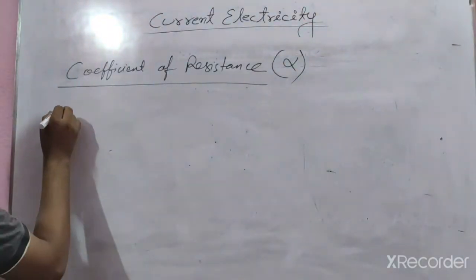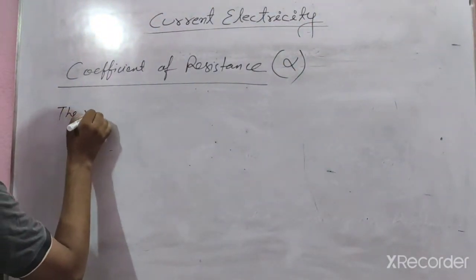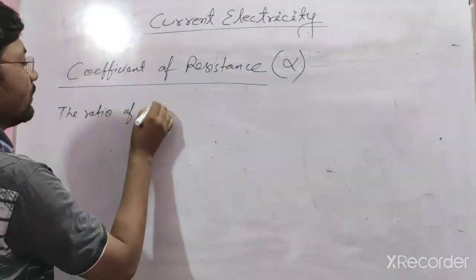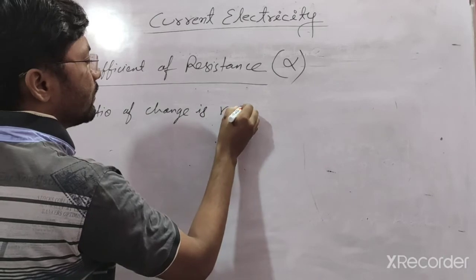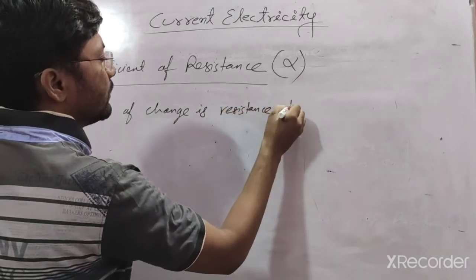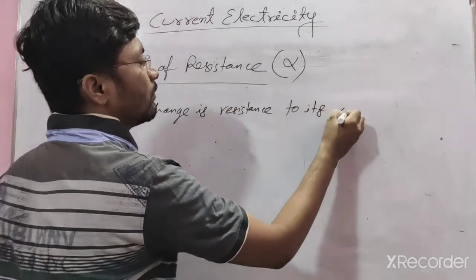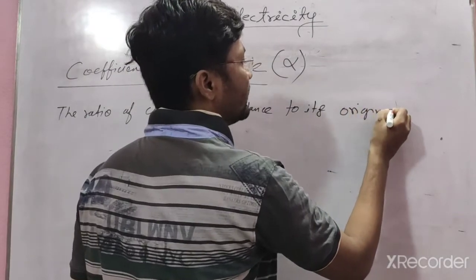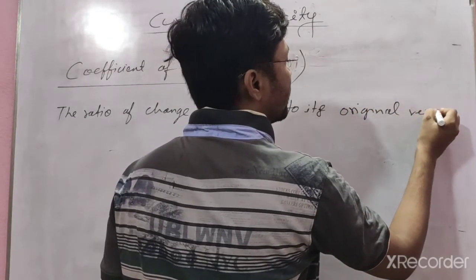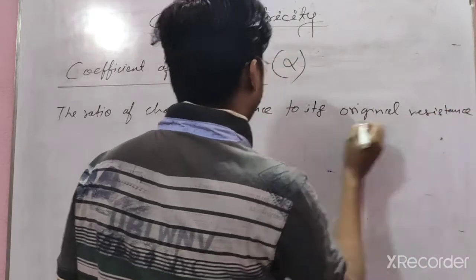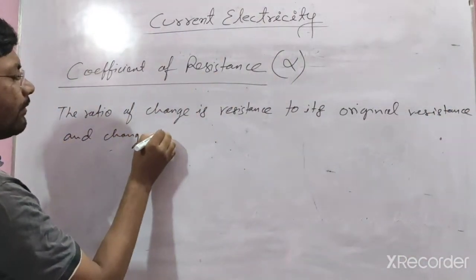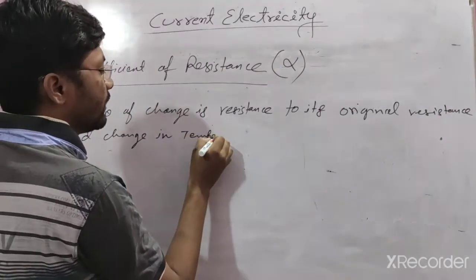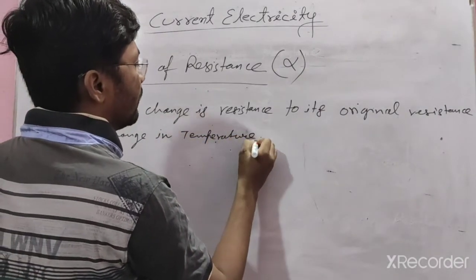It is defined as the ratio of change in resistance to its original resistance and change in temperature.